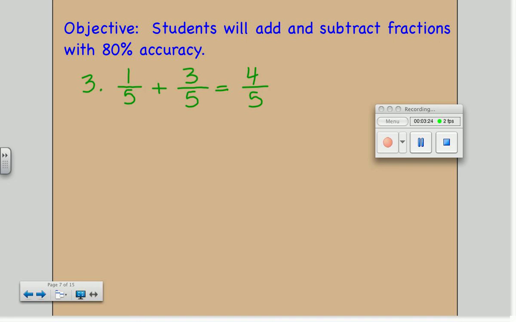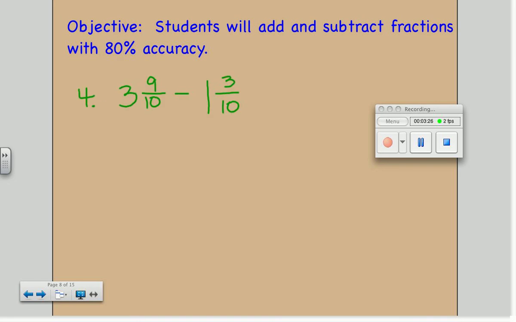Okay. Number 4, we have mixed numbers. Now, with mixed numbers, you can keep them mixed numbers only when you're adding and subtracting, not when you're multiplying and dividing, okay? But it's easier for me to do this vertical, so I'm going to rewrite the problem vertical. Okay?